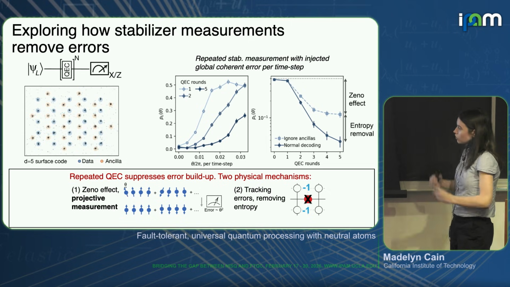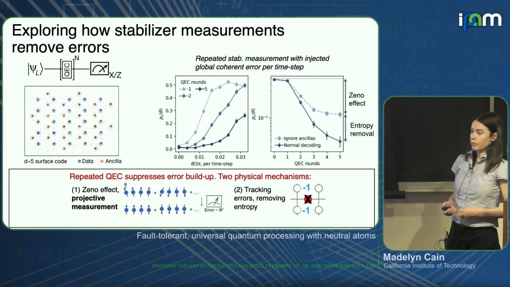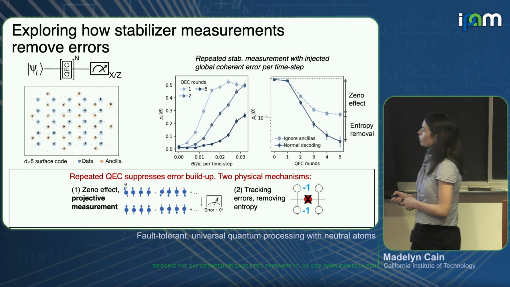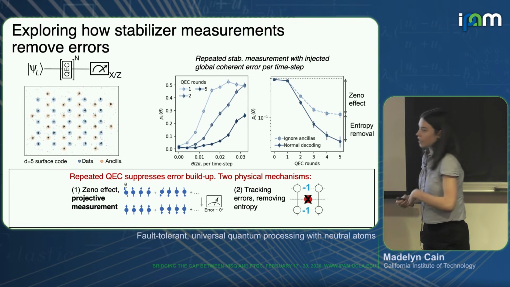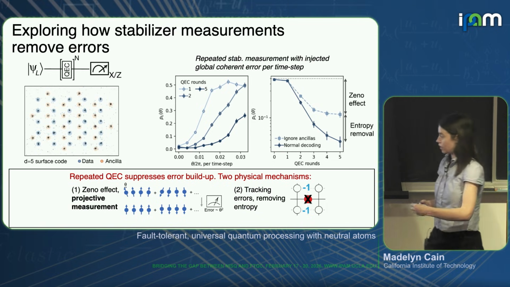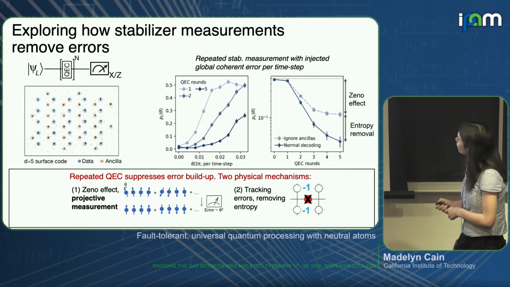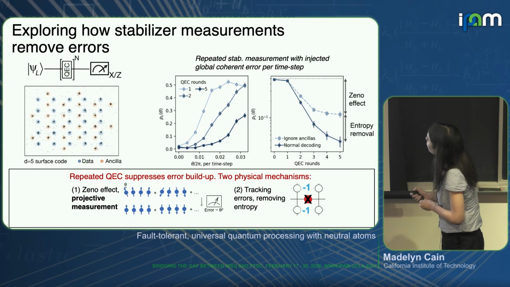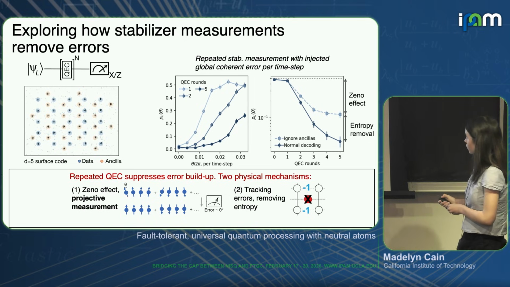Furthermore, when we measure our stabilizers, we gain information about what errors happened. So we can track errors as they occur throughout time and remove the effective entropy that we've injected into the circuit. Here on the right, you can see the logical error rate as we do more and more QEC rounds.